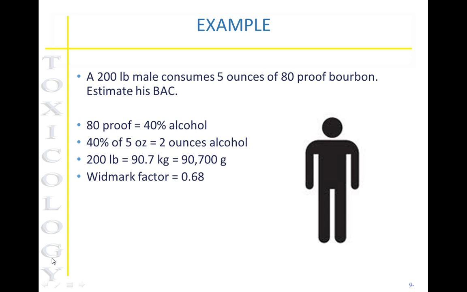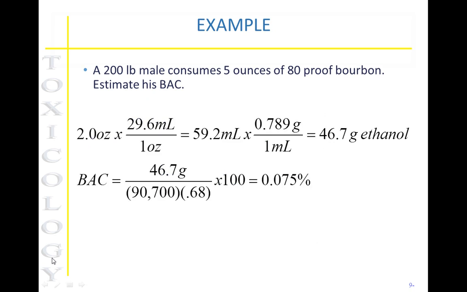You also have to convert the weight of the individual to grams, and then you can input those factors into the Widmark equation to determine that the individual would have a blood alcohol content of 0.075%.